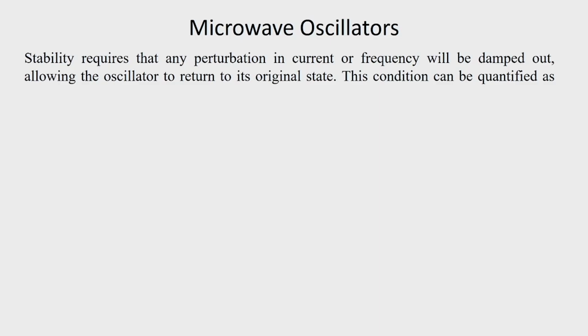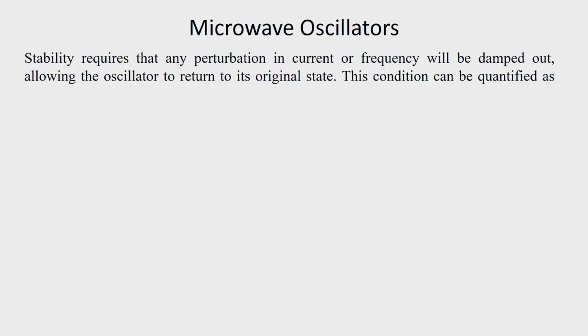So, a small change in the current or frequency will be damped out, allowing the oscillator to return to the original value, and this condition can be quantified as del of (XL plus Xin) by del of omega much greater than 0.